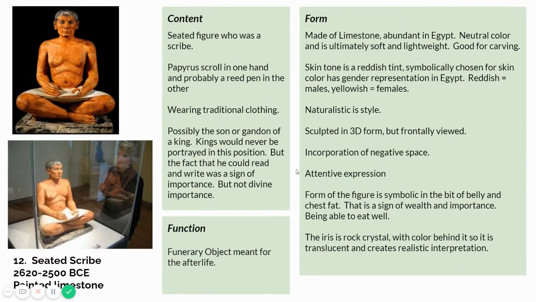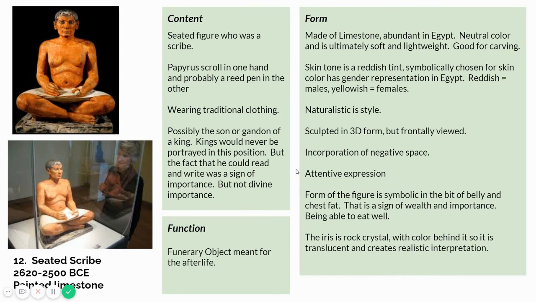So the redder tones of the skin represent the males, and then the yellowish tones represent the females. You will see that in sculpture, but you will also see that in their narratives, in their wall carvings, in their papyrus scrolls. You will always see Egyptian figures represented with two different skin tones, and that symbolizes gender.